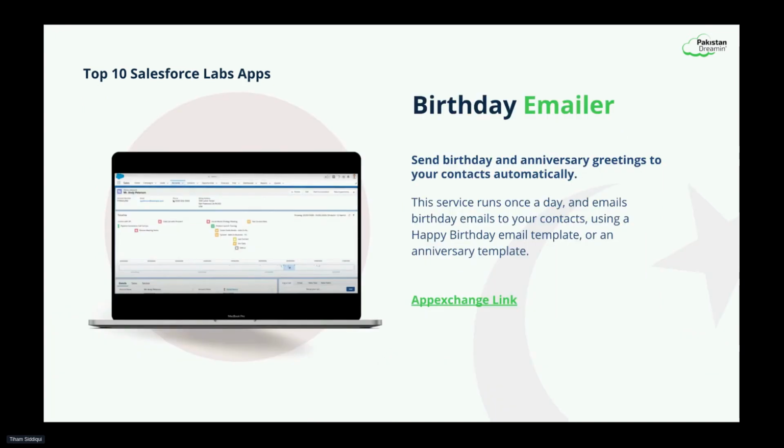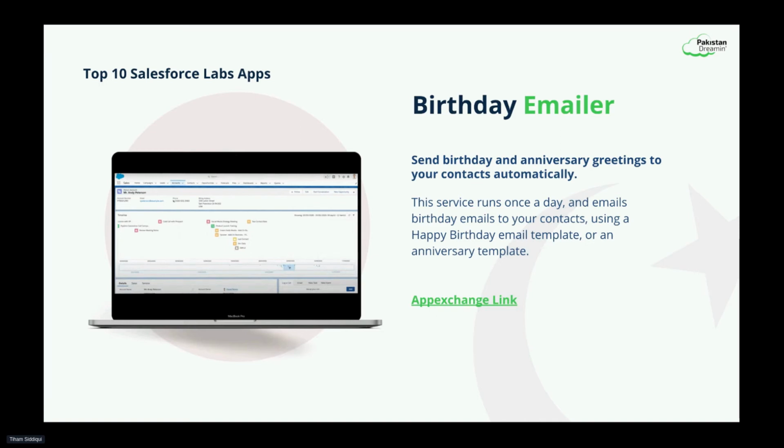Birthday email. Yes, I have a few clients that ask that they want to send scheduled emails on their birthdays. For this, we have to write some code, some automations and email templates and everything, so it's quite a time-taking activity.